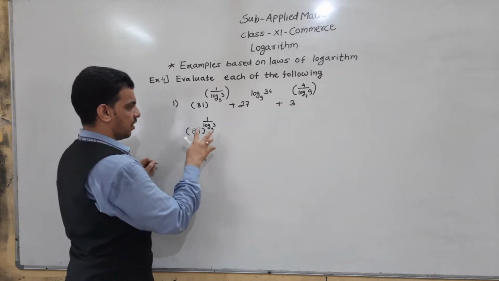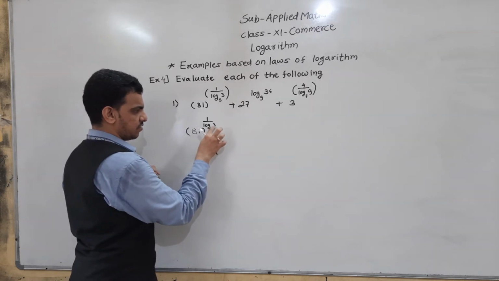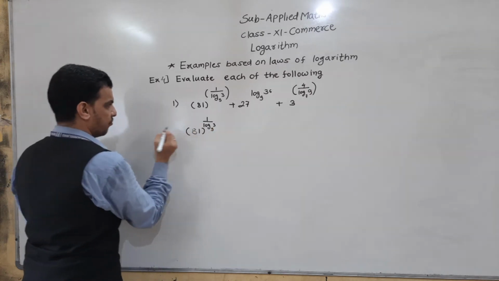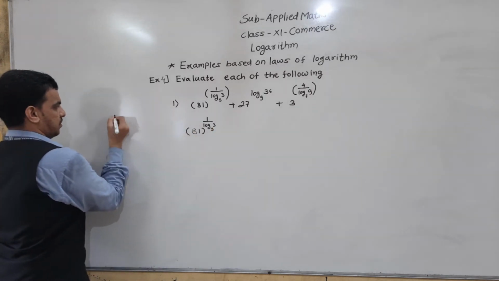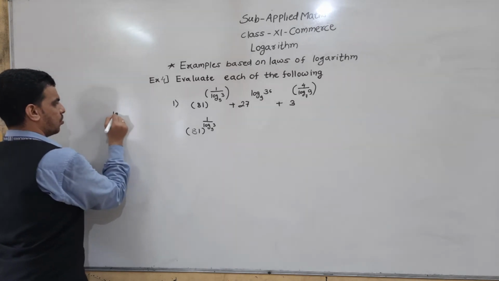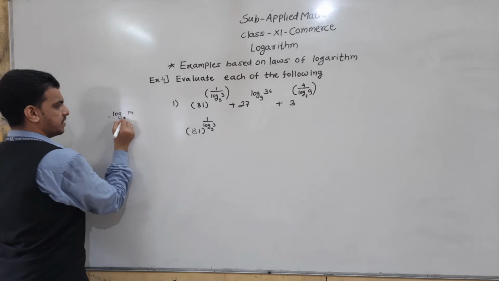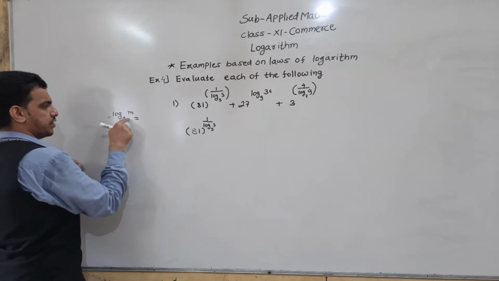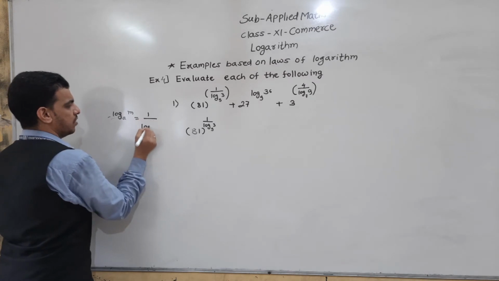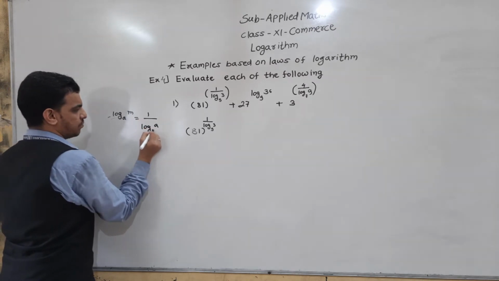Now I have to interchange this argument and base. We have 1 upon log of m to the base a, and if we change the argument and base, that is equal to 1 upon log a to the base m.